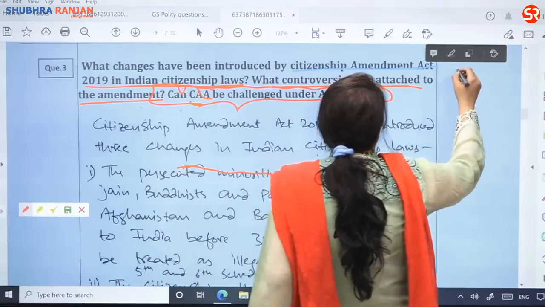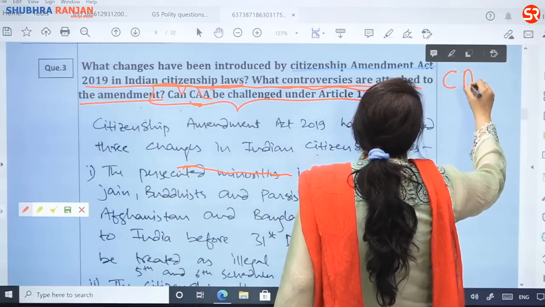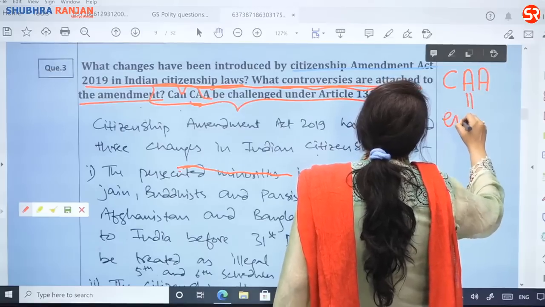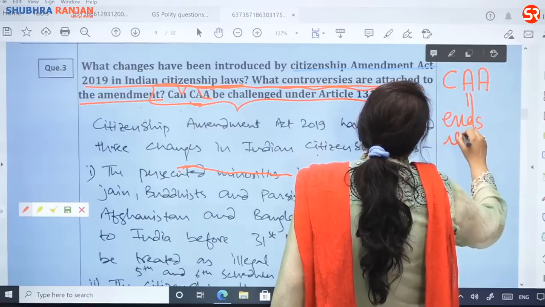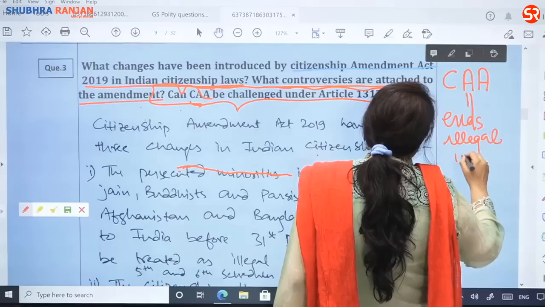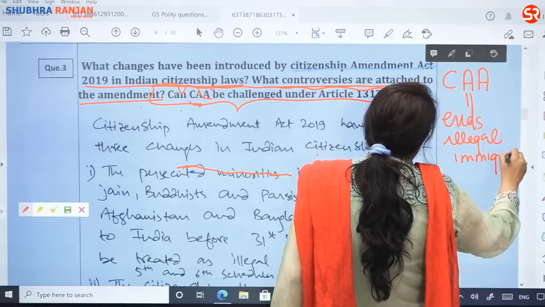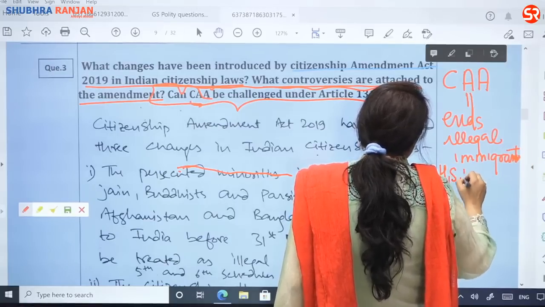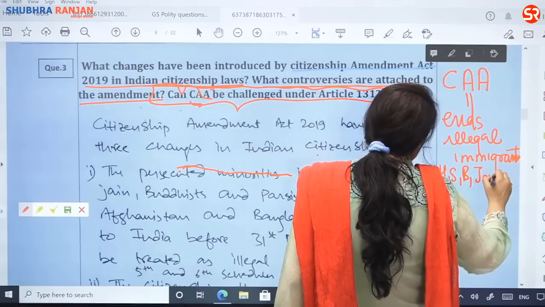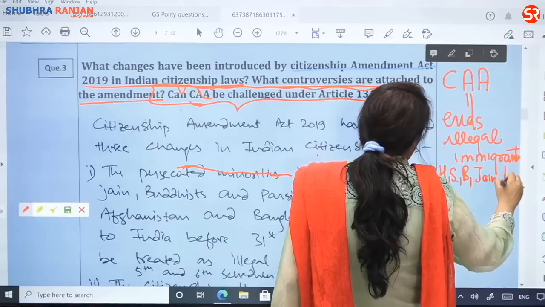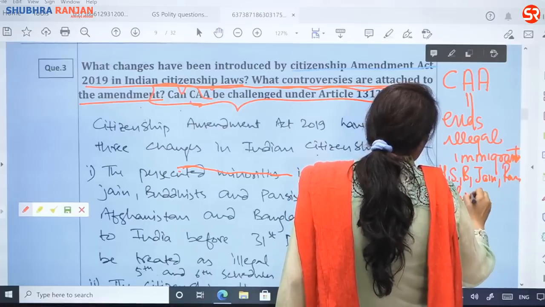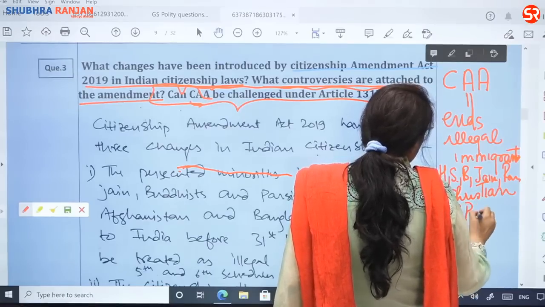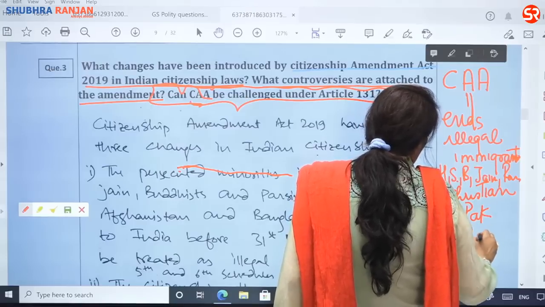So basically, the Citizenship Amendment Act ends the status of illegal immigrants for the members of 6 religious communities: Hindus, Sikhs, Buddhists, Jains, Parsis, and Christians living in Afghanistan, Pakistan, and Bangladesh.